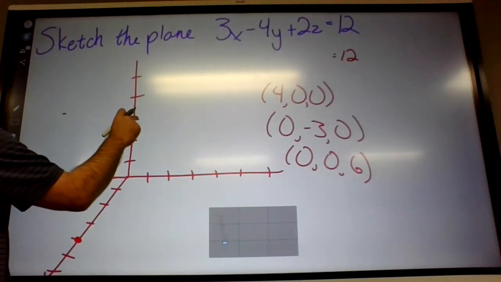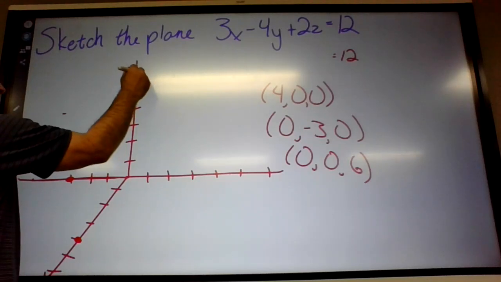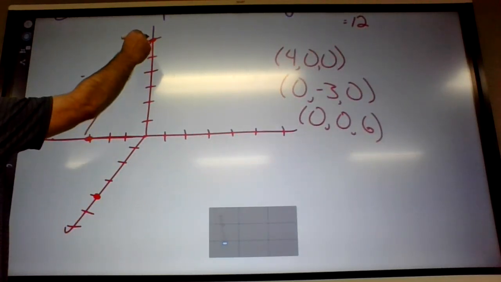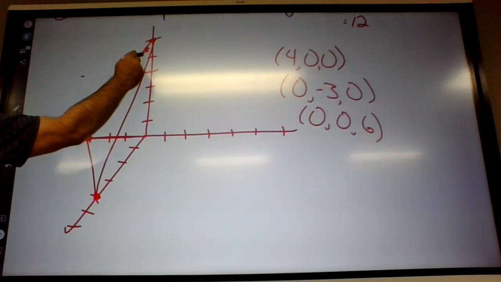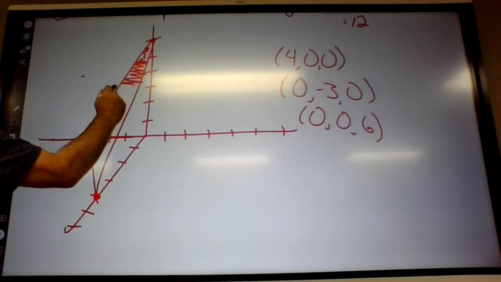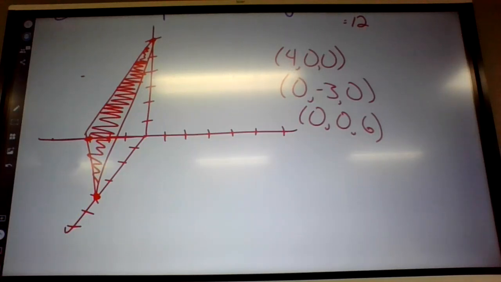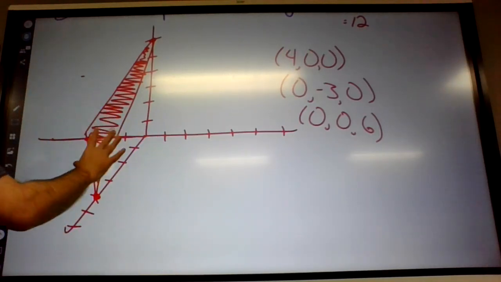Let me shrink these down a little bit. It'll be up here. And then we used our pencil and connected the dots and shaded. You can't really draw a plane because they're infinite, but you can draw a section, a portion of the plane.